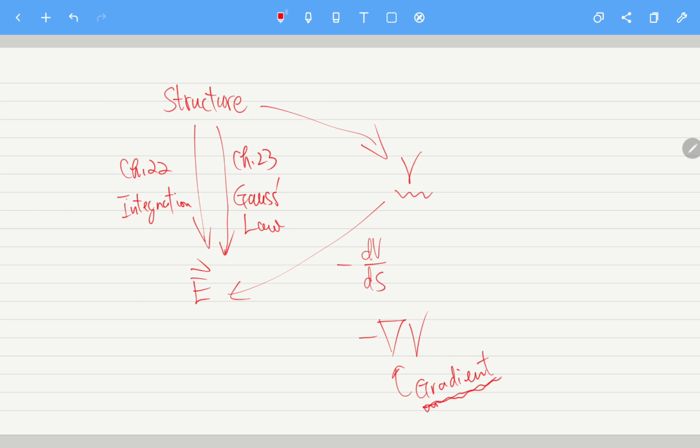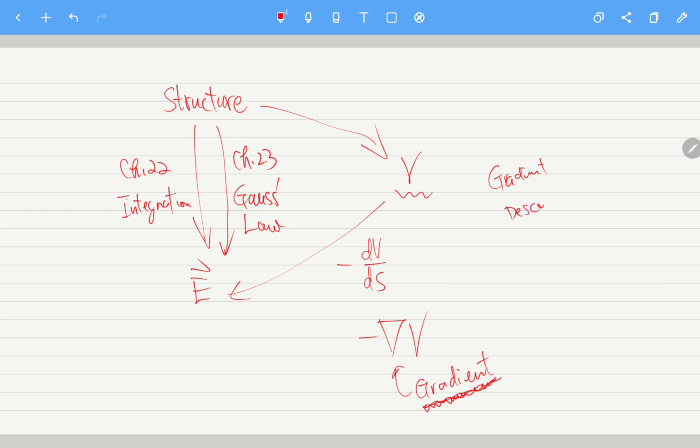Of course, the term gradient is nowadays very hot because recently we have AI. There are neural networks. To train the neural networks, we usually use a method called gradient descent.